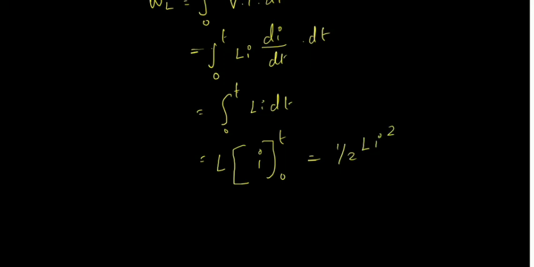So it's 1 by 2 Li square. This is very similar to the kinetic energy equation, half mv square, mass into velocity square, which appears everywhere when there is a movement of a body or a force applied to it. According to these equations, inductance has no history of previous operation.